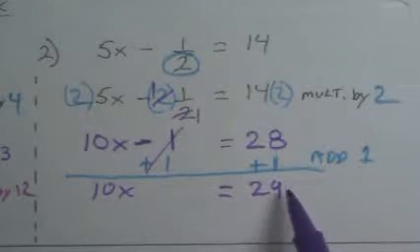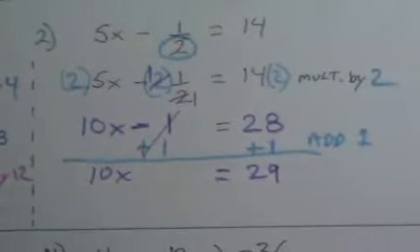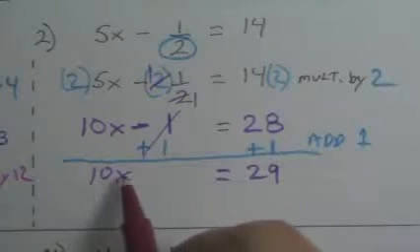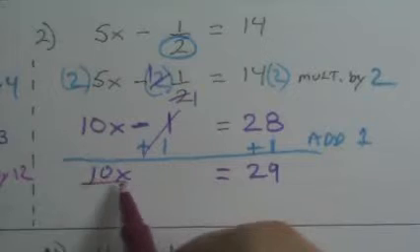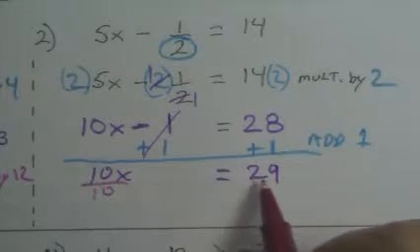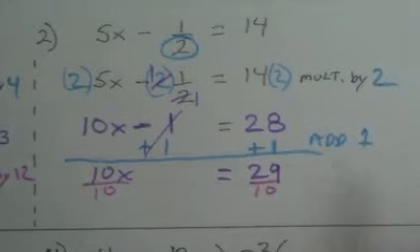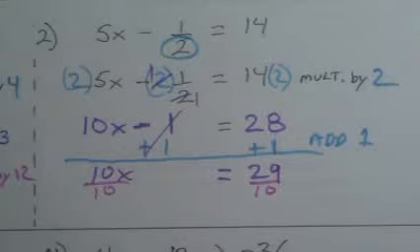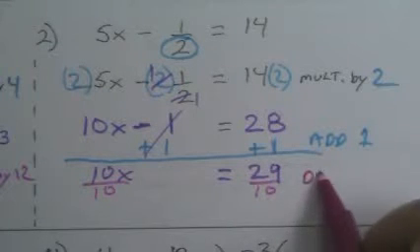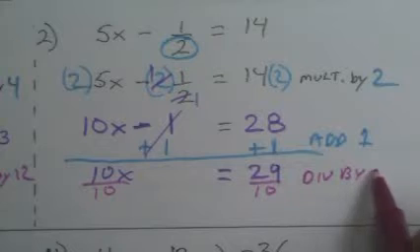Okay, doesn't look like it's going to be a nice, neat fraction here. So next step, I want the x by itself, so get rid of this 10. Do the opposite, I'll divide by 10. So I'll write that over here, divide by 10.